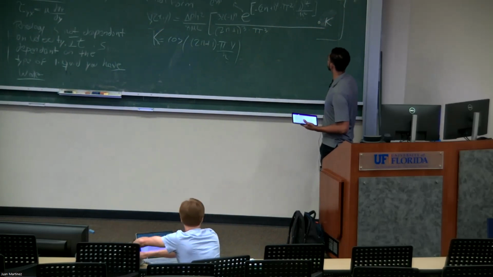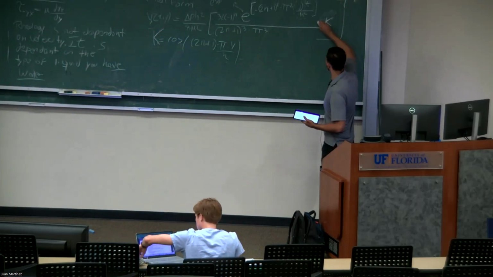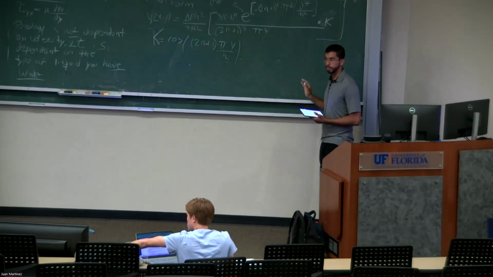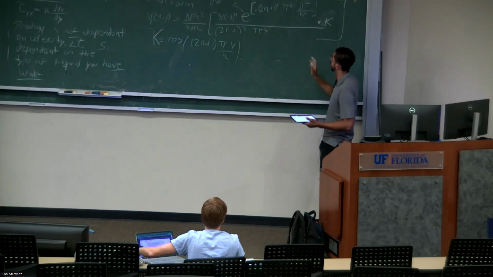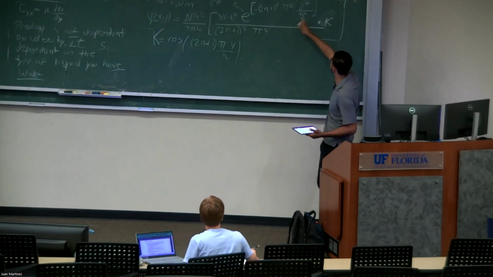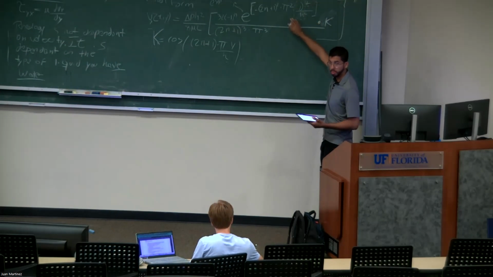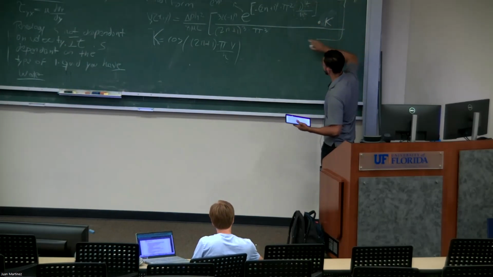I wrote this just to make it clear, and you can ask as many questions as you want. I heard some people saying that the cosine was in the numerator. It looks like it, but it doesn't go in the exponent. That's what I wanted to point out here.